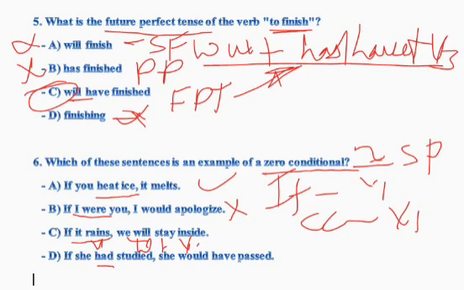This is conditional type 3. This is conditional type 1. This is conditional type 2. This is conditional type 0, or zero conditional sentence. So the answer is A.